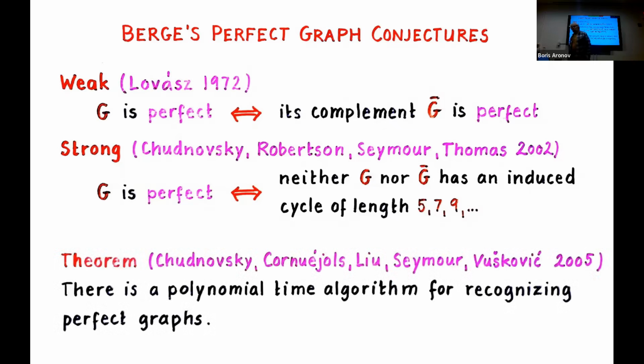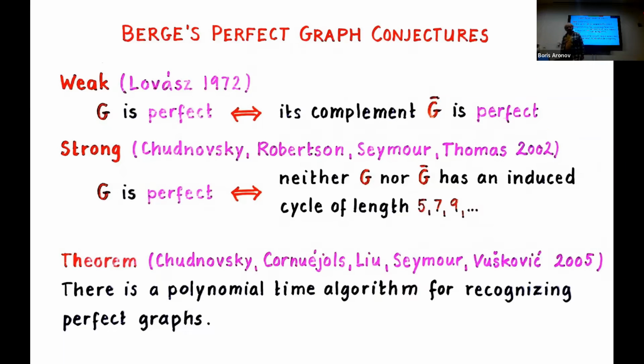And in fact, shortly after that, they also managed to prove that it is computationally not very difficult to determine whether a graph is perfect. This is based, of course, on the characterization.